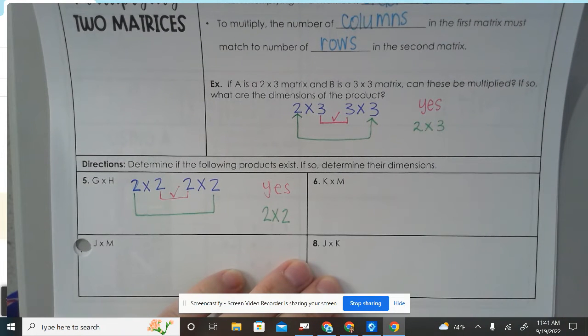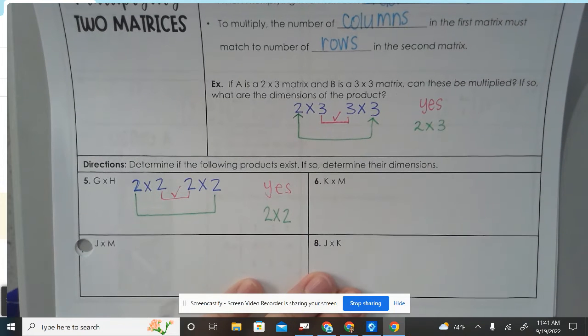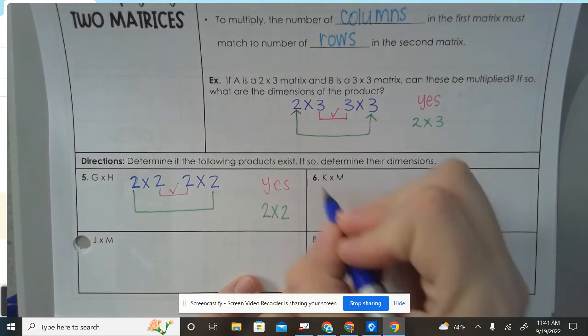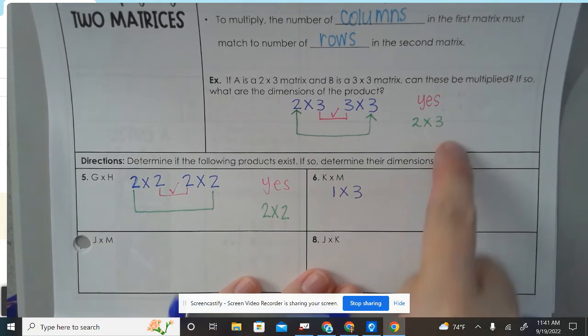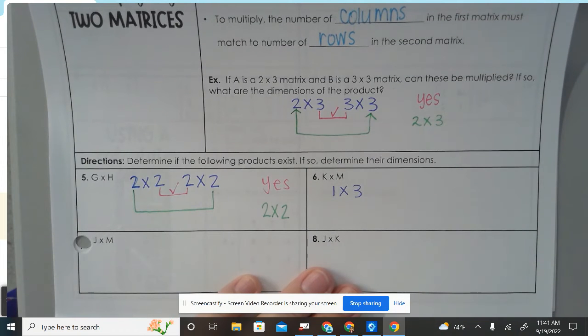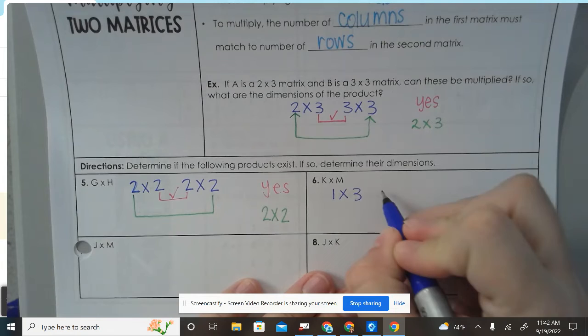Number 6. We're going to do K times M. So what are the dimensions of K? It is a 1 by 3 because it has one row going across and 3 numbers up and down. What about the dimensions of M? 3 by 1.